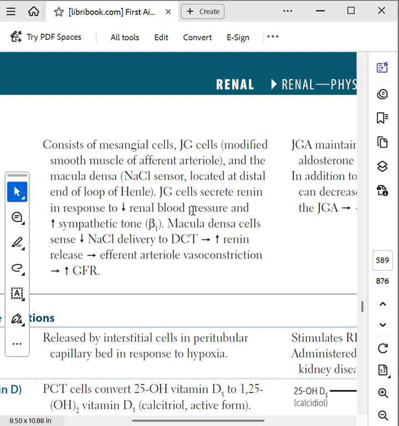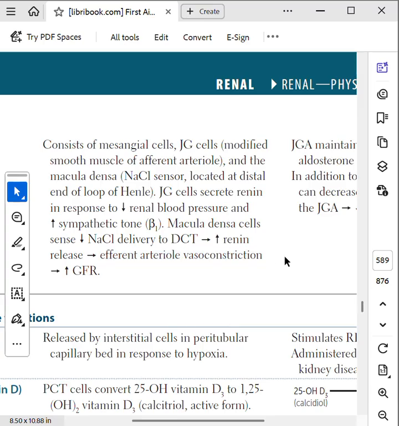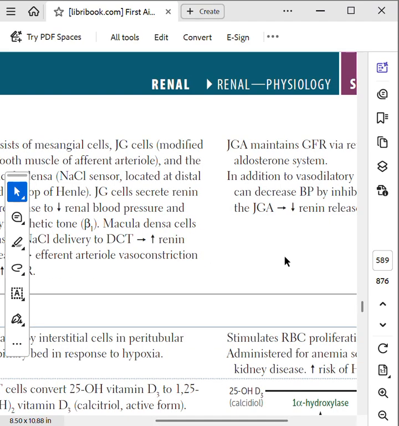Renin is released in response to decreased renal blood pressure and increased sympathetic tone, when the macula densa cells sense decreased sodium chloride delivery to the distal convoluted tubule. This increases the renin release, and this causes efferent arteriolar vasoconstriction, meaning the outgoing pipe is now tightened, and this increases the glomerular filtration rate.